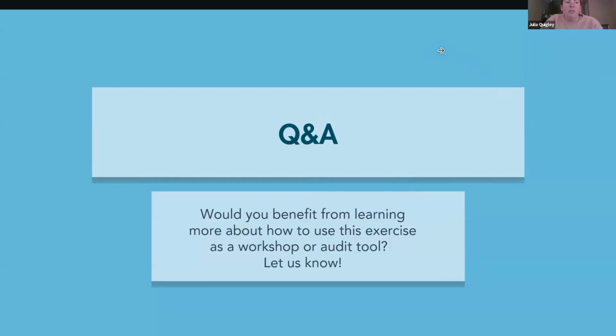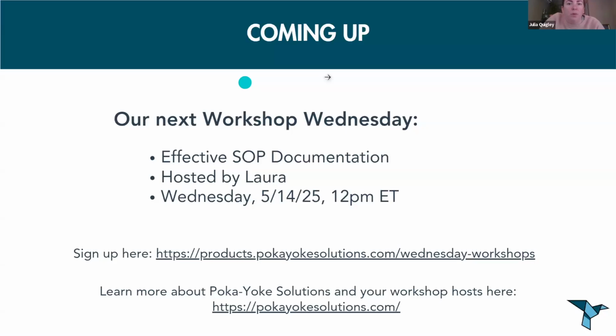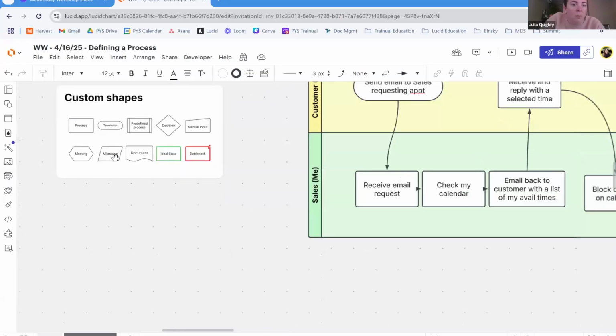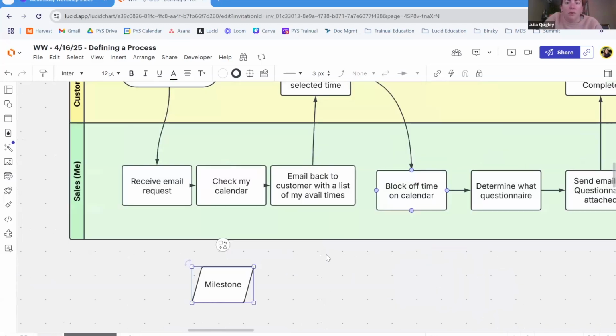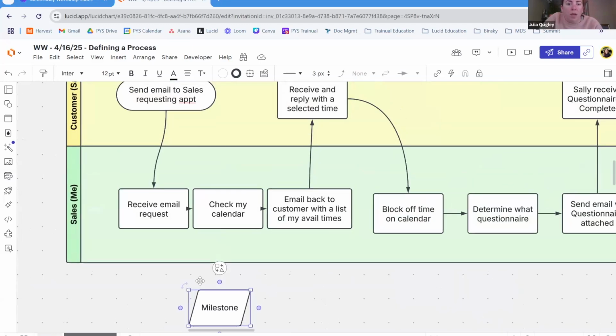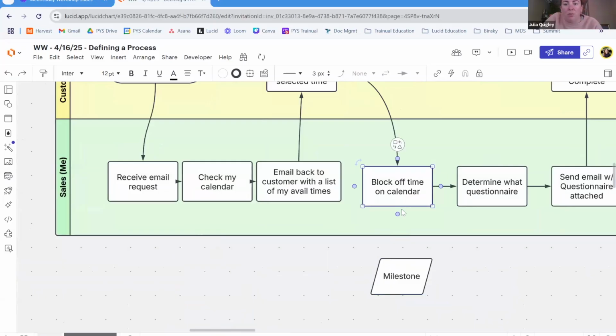Yeah, that's an interesting one, a good one. I do like to work linearly on timelines. So what I would probably do is use a milestone. Let's say that when time is blocked off of my calendar, that starts a process on the customer service side.